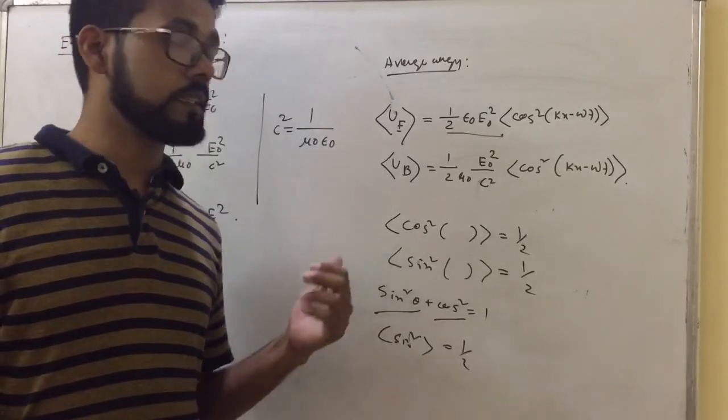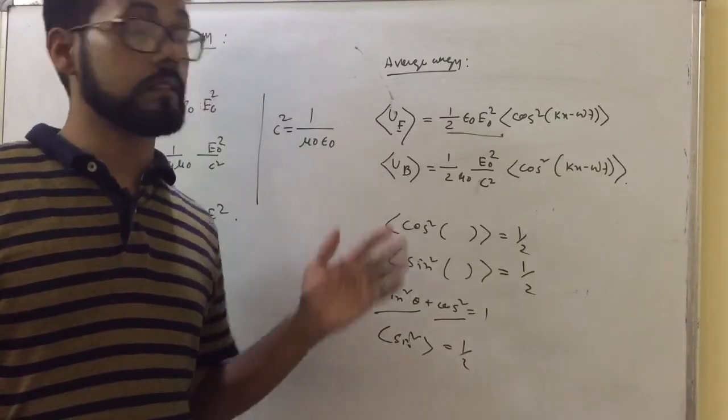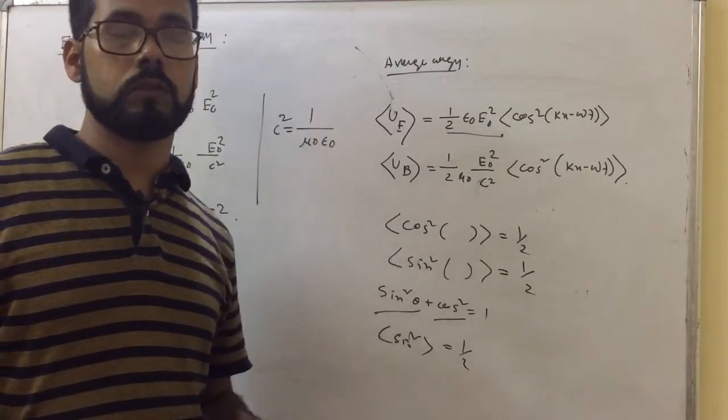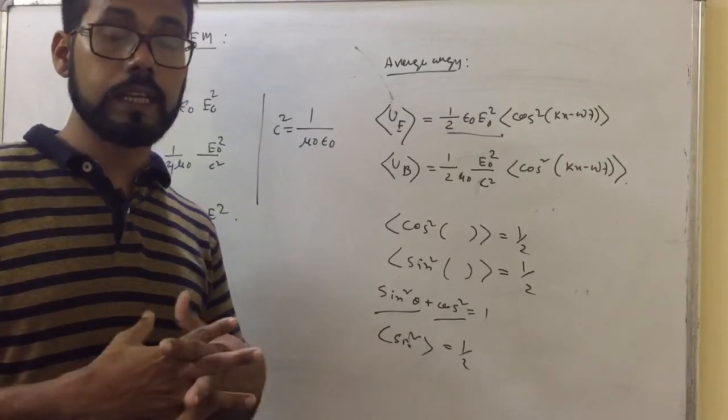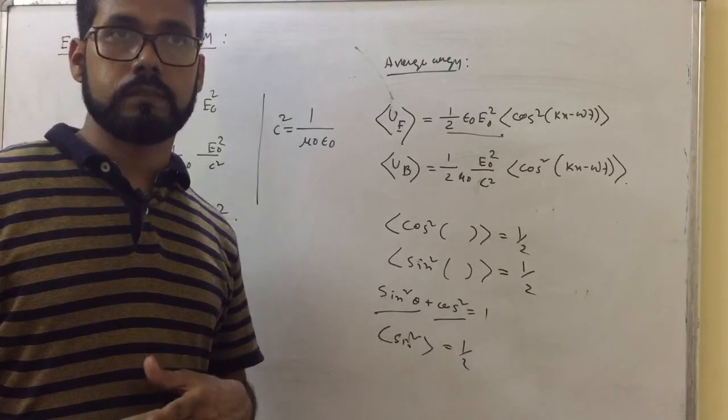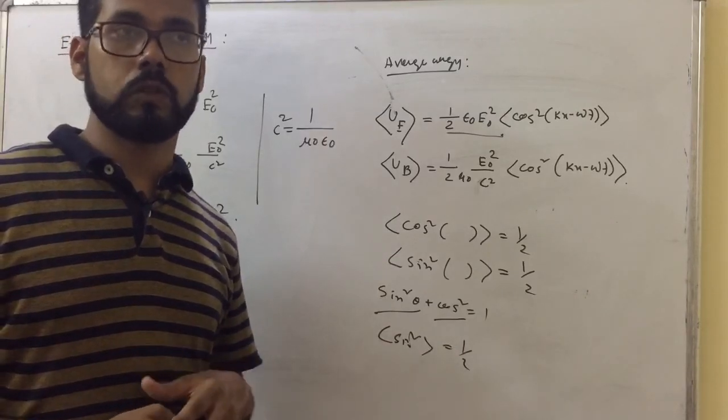Then we have to understand the solution of the electric field and magnetic field, which are solutions of the wave equation in that coordinate system. In the next class, we'll discuss how the coordinate system is related to describing the behavior of the electric field and magnetic field through a particular medium.